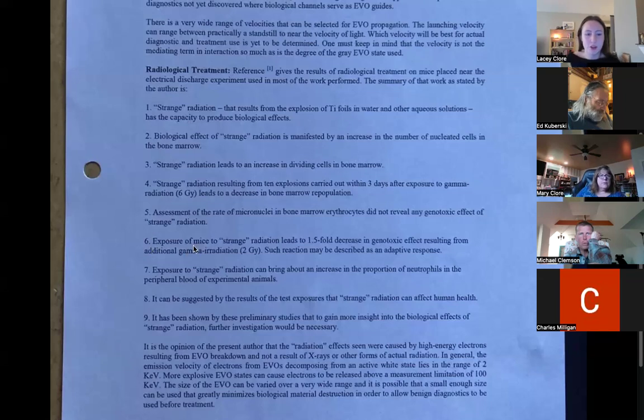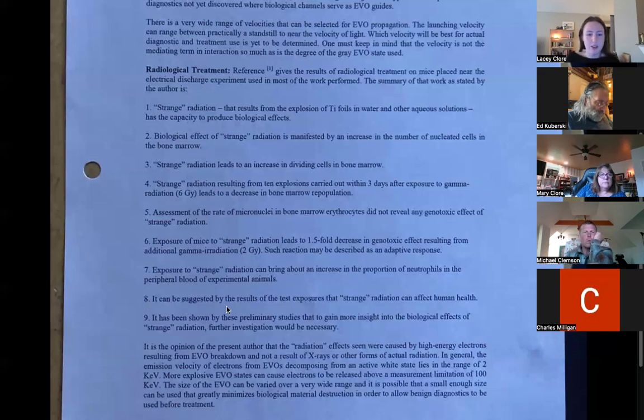Number 6, exposure of mice to strange radiation leads to 1.5-fold decrease in genotoxic effect resulting from additional gamma irradiation, 2 Gy. Such reaction may be described as an adaptive response. Number 7, exposure to strange radiation can bring about an increase in the proportion of neutrophils in the peripheral blood of experimental animals.